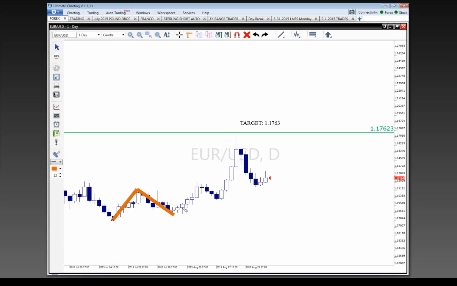Can everybody see how the market is making higher highs and higher lows? Can everybody see how it would be a very strong trade plan to buy the market at the low, at the low, at the low, at the low?